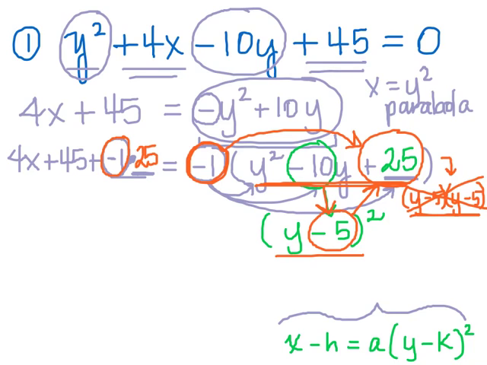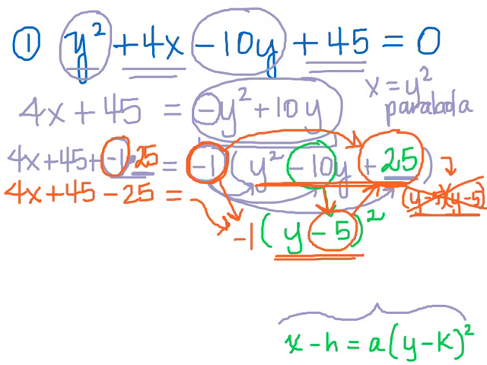And so what we have over here is 4x plus 45, and then that's minus 25, or plus a -25. Then we have equals, and then this -1 comes down to the next step as well, and then we have this step here.